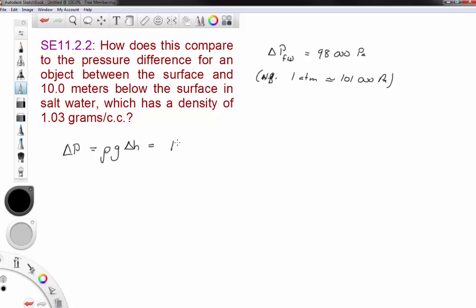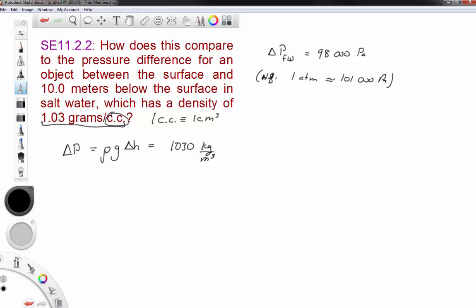And so what we end up with is 1,030 kilograms per cubic meter. Again, this should be in kilograms per cubic meter, and this unit cc is the same thing as 1 cubic centimeter. In fact, cc stands for cubic centimeter.